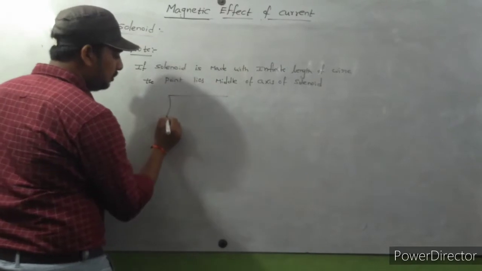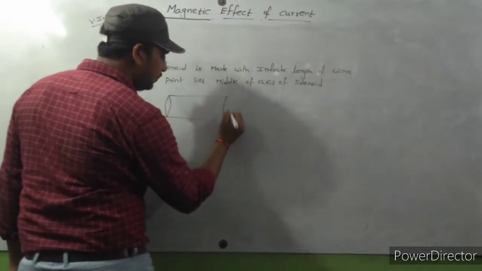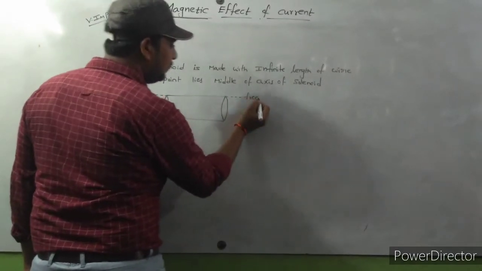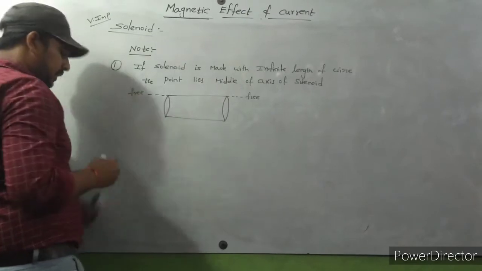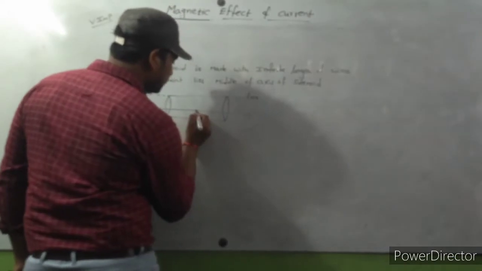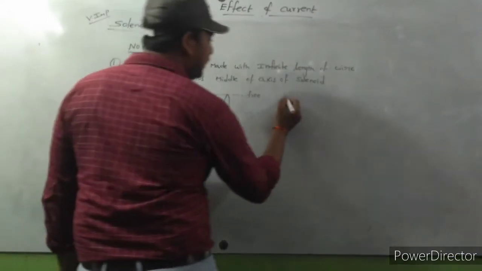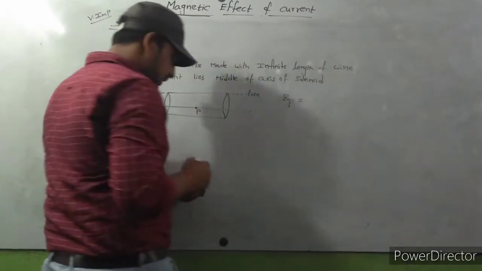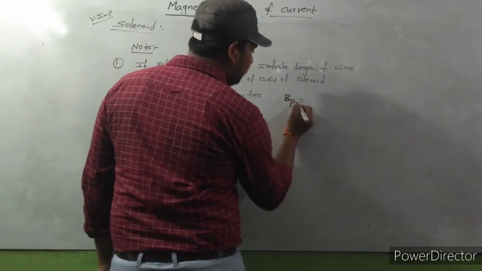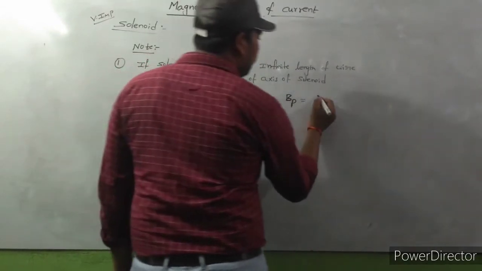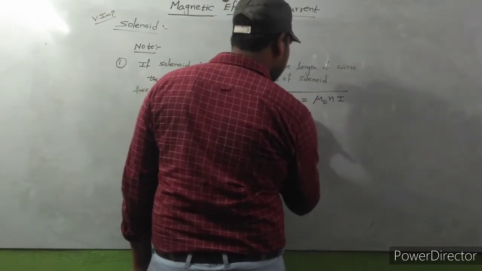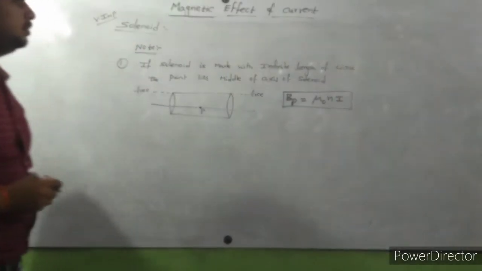That means here it is the point. Because this is a free end, the point lies at the middle of the axis. This is the axis, here is the point. This time the magnetic field at point P is equal to mu naught into small n into I.